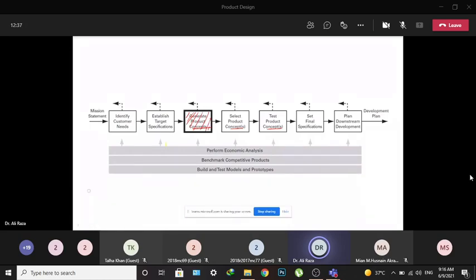The first one is the generation of concepts, then selection, and then we have to test so that we can eventually refine those concepts. In the overall scheme of things, this is central. Central in the sense that you can see in the process that this is right in the middle of the whole process. That's why I'm going to say that this activity is central to product designing.